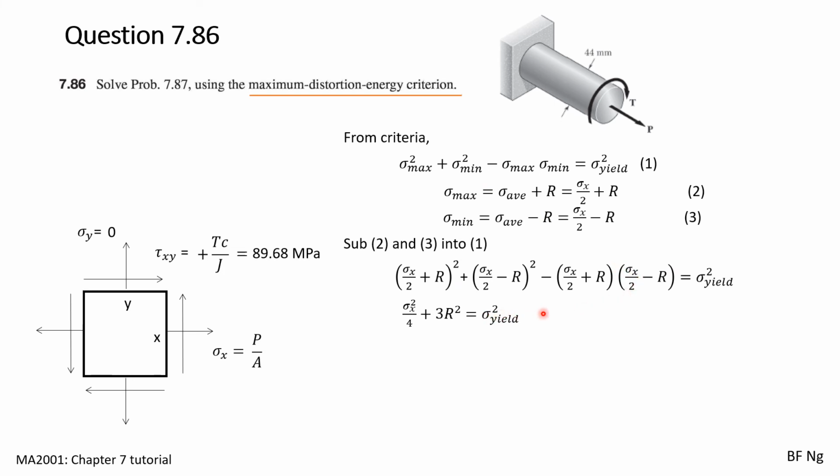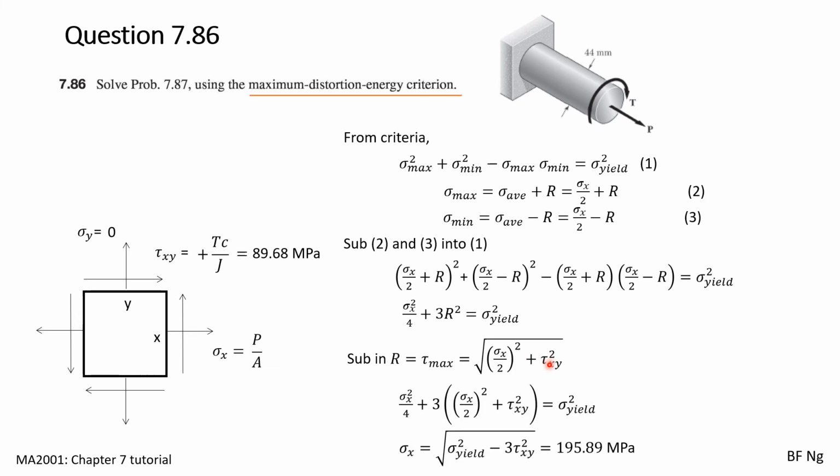After some manipulations, we obtain the equation over here. We then find the expression for radius r, which is just tau max, and is given by this equation. We substitute r into the equation over here, and then we solve further, and we obtain sigma x equals to this expression.